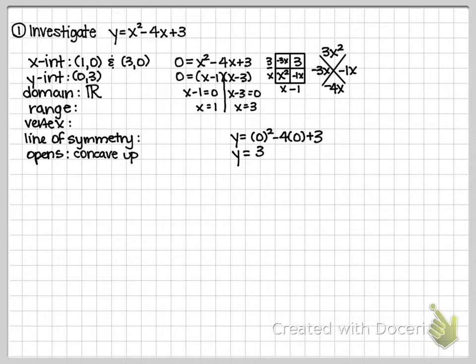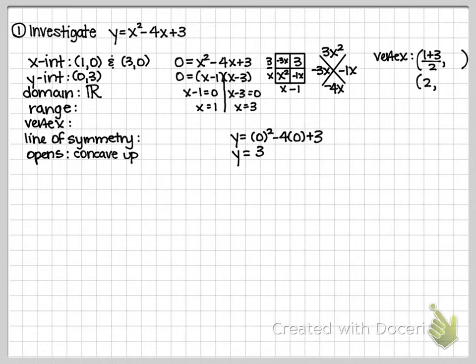Okay. I think we can find the vertex at this point. To find the vertex, doing my scratch work off to the side here, I'm going to take the x values of the x-intercepts, 1 and 3, and I'm going to average them. That is going to give me 4 over 2, which is 2.